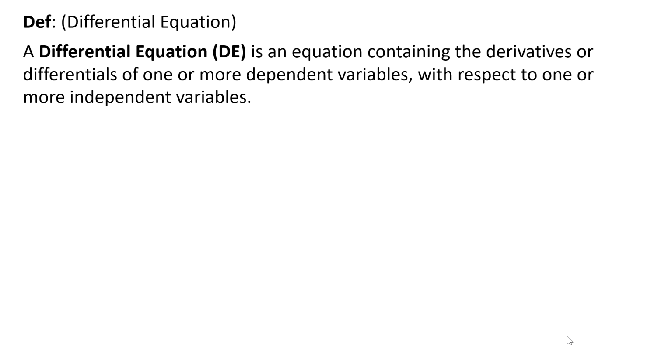So you are free to choose some value for x. But y is a dependent variable because its value depends on the value of x, right? So when we say y equals f of x or y equals x squared plus 2, for instance, then x is an independent variable and y is a dependent variable.